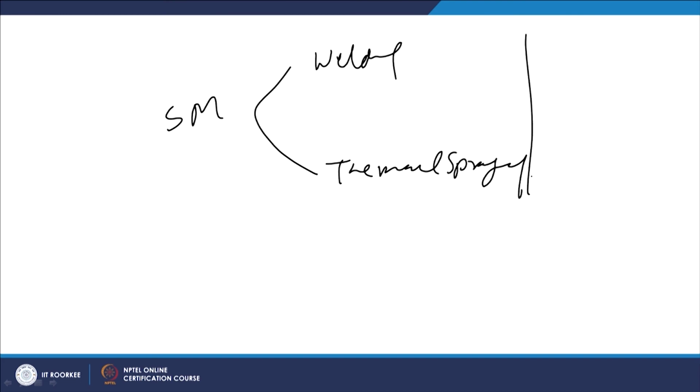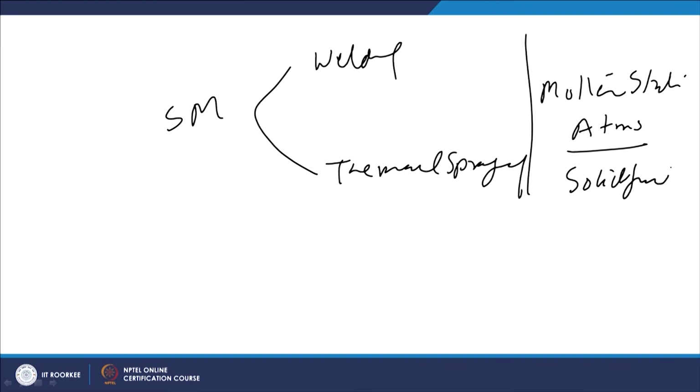So, if we see both these approaches of surface modification, where either we use welding or thermal spraying, in both cases the material to be applied is brought to the molten state, and the molten metal interacts with the atmospheric gases, and subsequently its solidification leads to the development of the required modified surface layer, and that is why the performance of such coatings or claddings in this kind of surface modification approach is primarily influenced by two aspects.